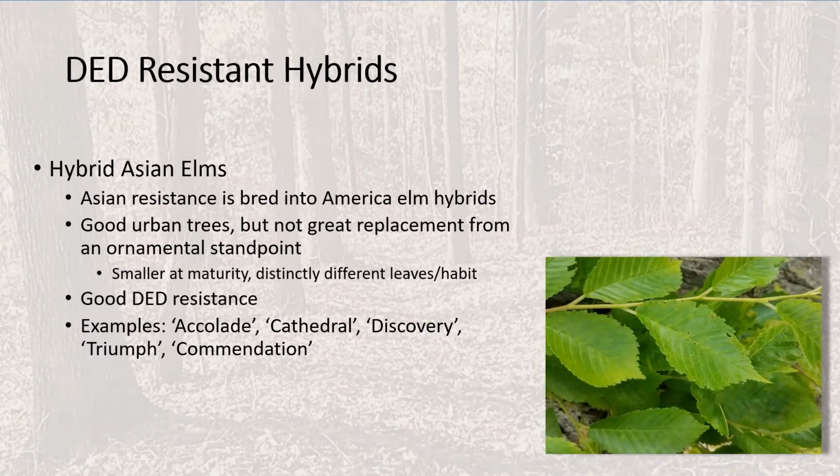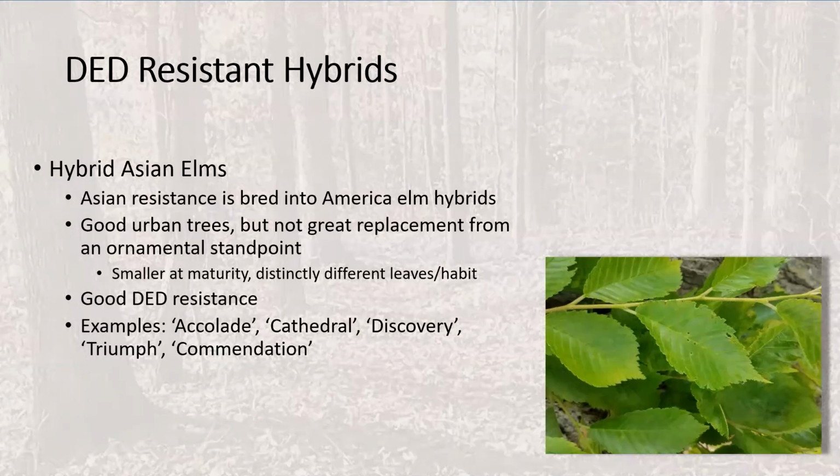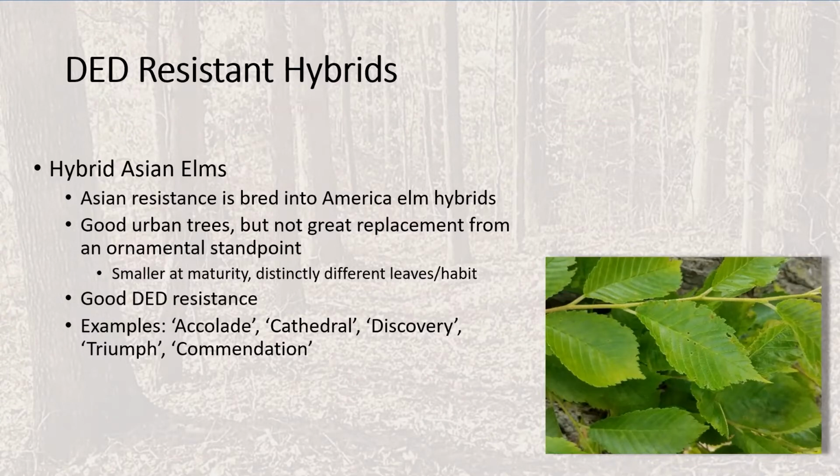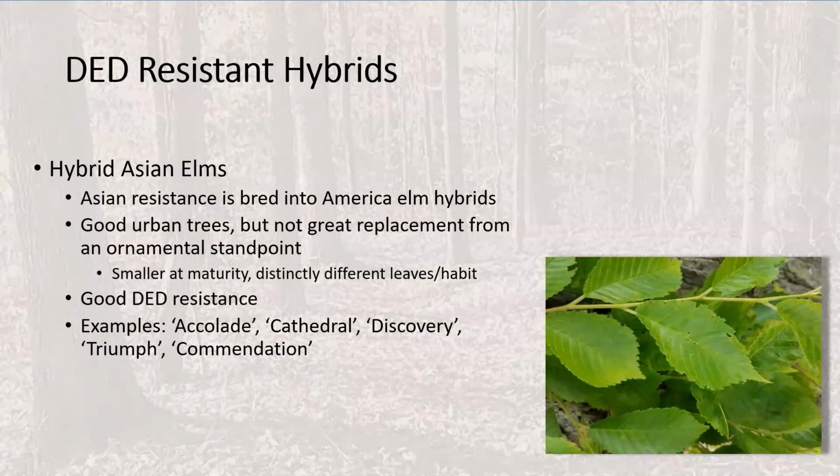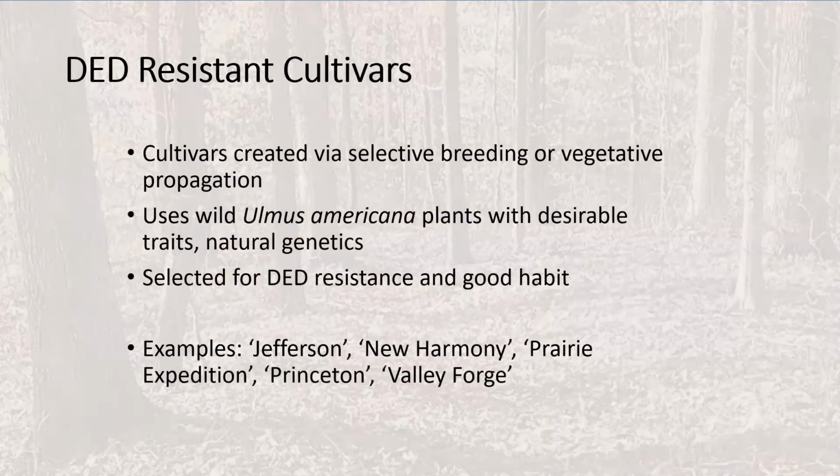If we're talking about this in terms of an urban tree, a lot of those hybrid Asian elms are smaller at maturity, and they just have a different look and feel than the elms, like the picture from the Morton Arboretum that I shared a little bit earlier. But they do have good resistance. So we were able to achieve resistance with the hybrids, just not quite the same ornamental value from this plant, and definitely not the same. They wouldn't behave in the ecosystem the same. We wouldn't be able to restore elm across its range with these hybrids.